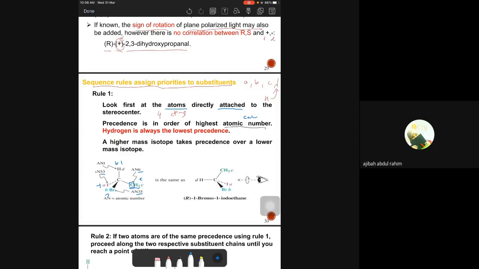So according to this, hydrogen will be considered as D because the number is just 1. Then you go back to the iodine, bromine, and carbon.